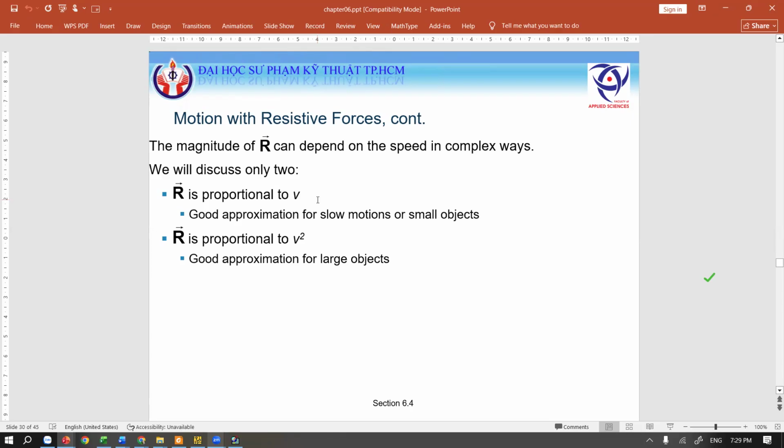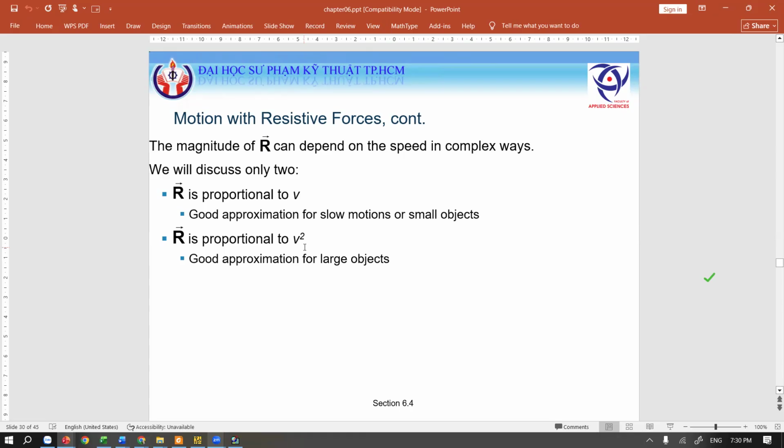And in another case, when the speed is a little bit larger, R is proportional to v squared. R in the second case is also in the opposite direction to the velocity, but its magnitude is proportional to v squared, not to v as in the first case.